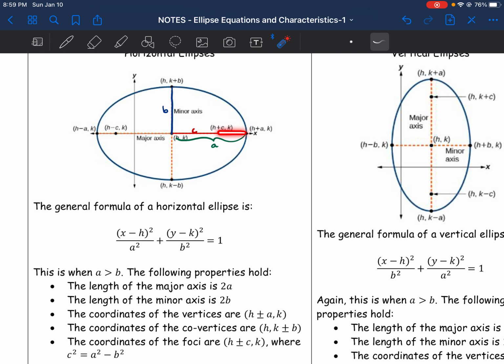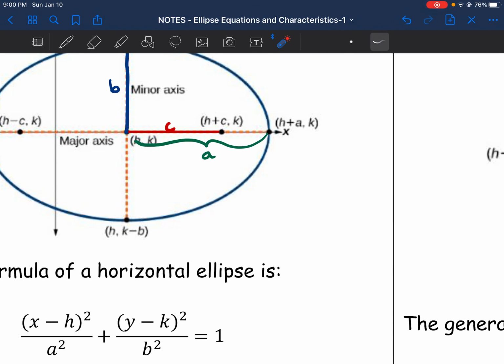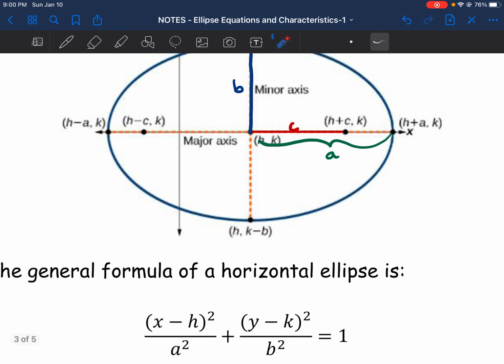So again, looking at our horizontal ellipse, the length of the major axis, well, if half of the major axis is A, then the entire major axis, the length of it, is 2 times A. Similarly here, if the length of half of the minor axis is B, then the length of the entire minor axis is 2 times B. The coordinates of the vertices, we can see, are (h plus a, k) and (h minus a, k).